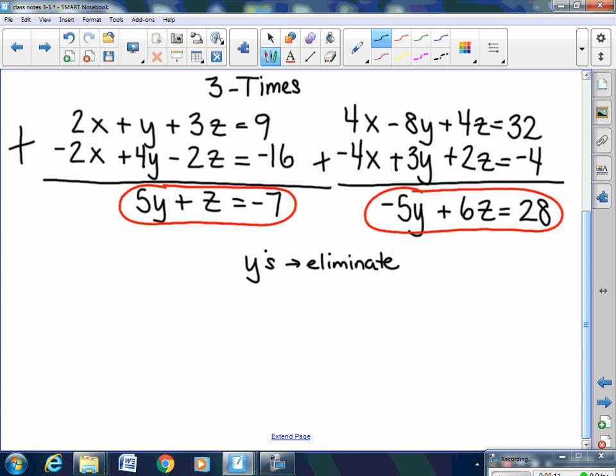So if you compare the two red ones, you're going to notice that the two y's are opposites of each other. So I don't have to do much to the problem. I just have to put them on top of each other.